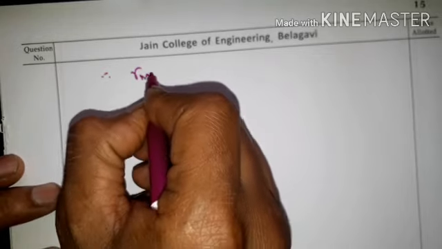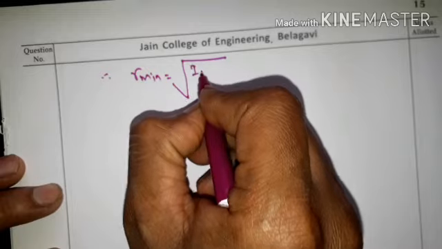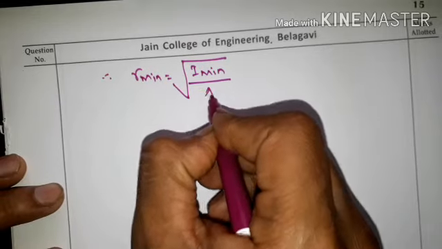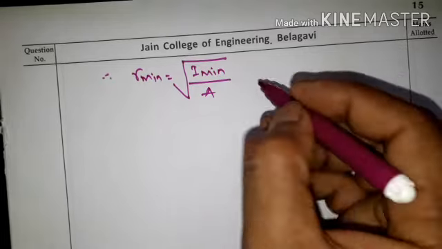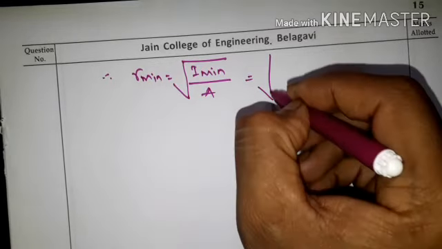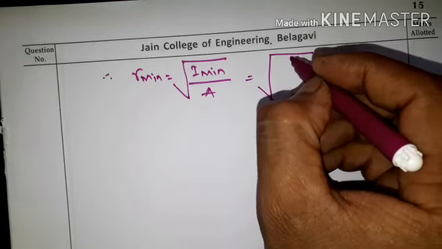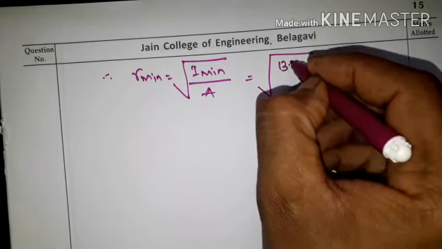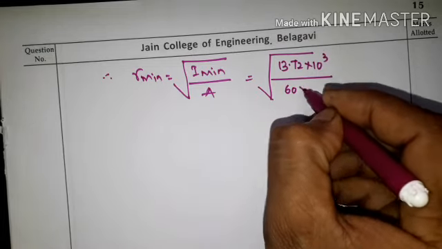Therefore R minimum is equal to square root of I minimum by area. This is a basic formula, R minimum, square root of I minimum by A. So I minimum is 13.72 into 10 to 3, and area is 60 mm by 14 mm.